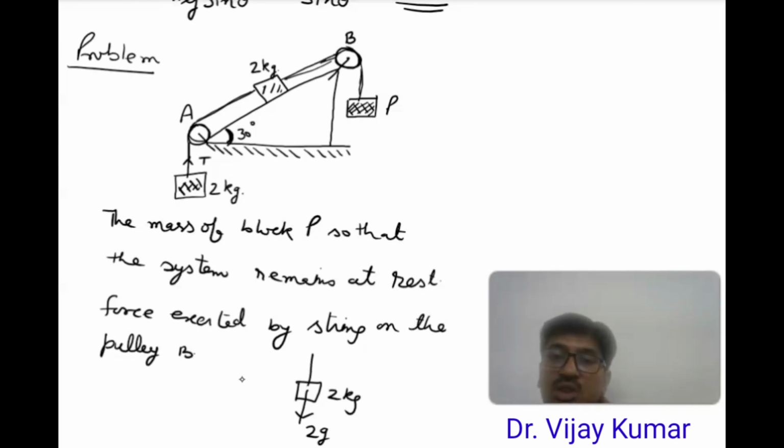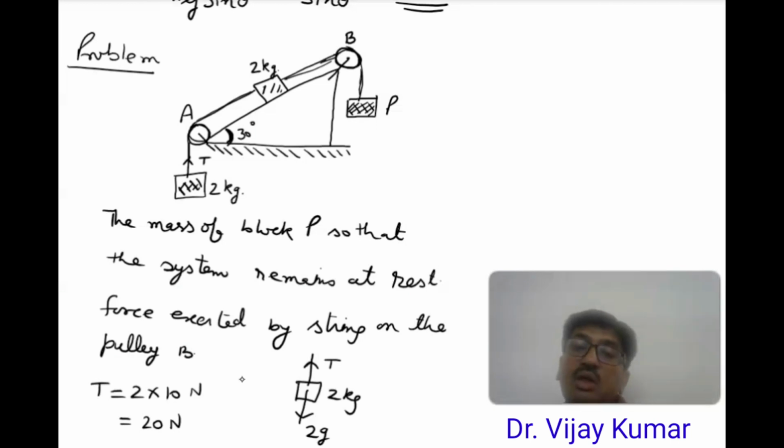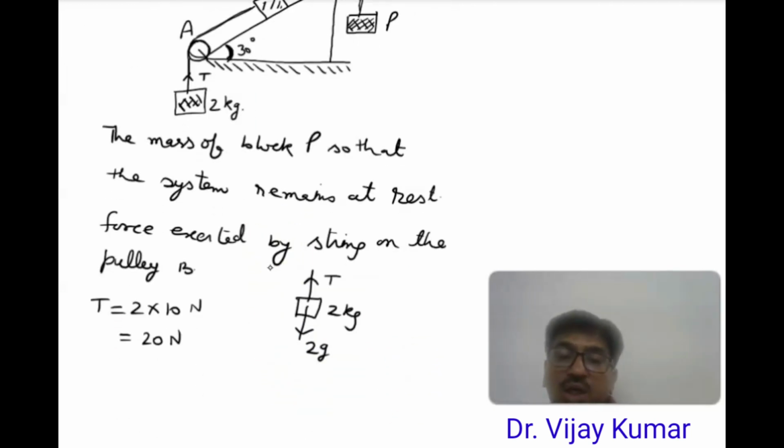So it is balanced by this T. So T should be 2 into g. If we take g as 10, then it should be 20 Newton. This is the tension in the string which acts on pulley A.